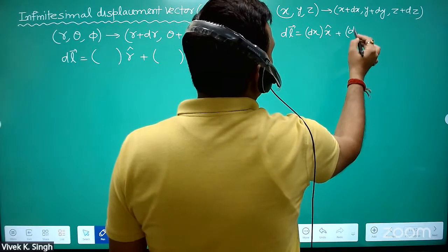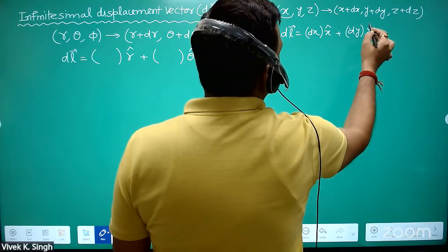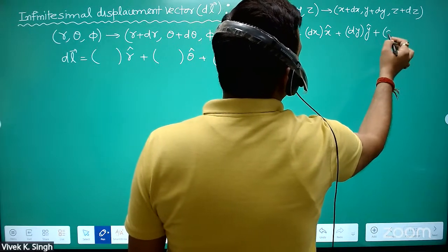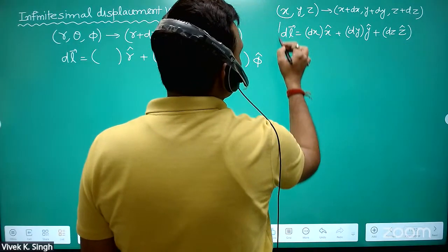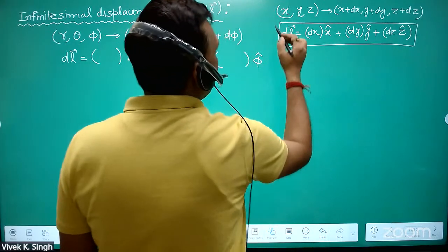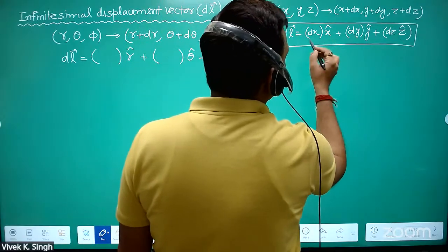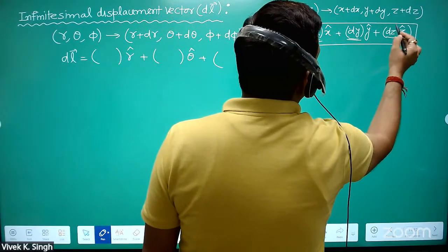Change along y cap is dy. And change along z cap is dz. This we have already visualized. You have to see what will be the change along x cap, y cap, z cap. So that will give you the dl vector.